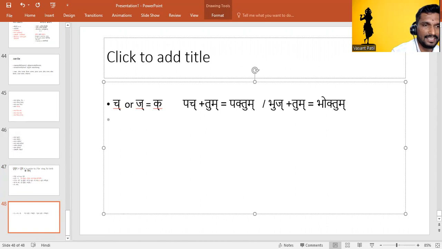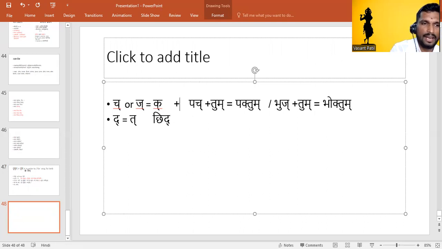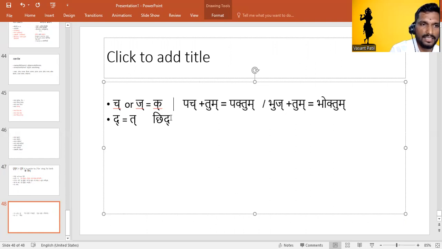Now, if the dhatu ends in the letter cha-type dental, it will change into the other. For example, chida is the dhatu, and I am adding the tumunta pratyaya here.